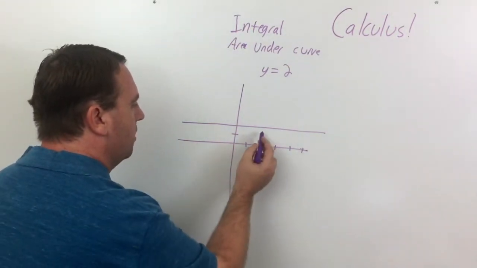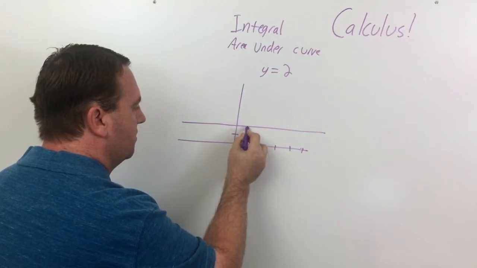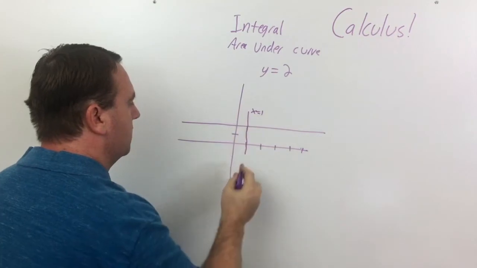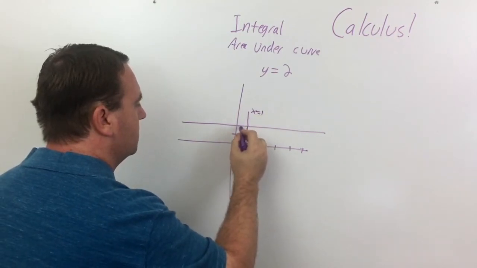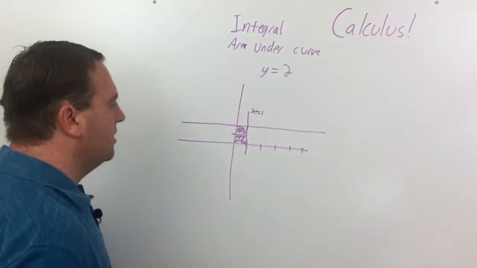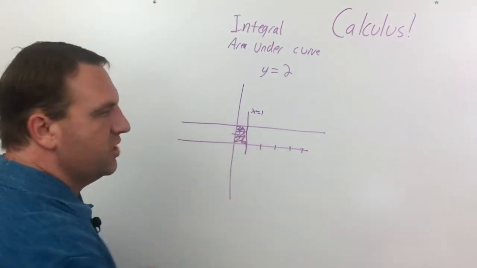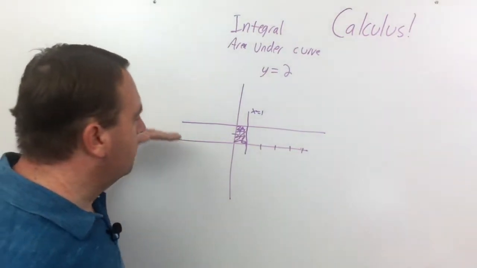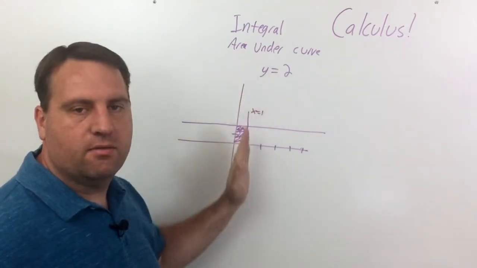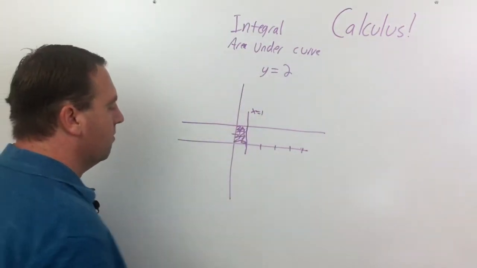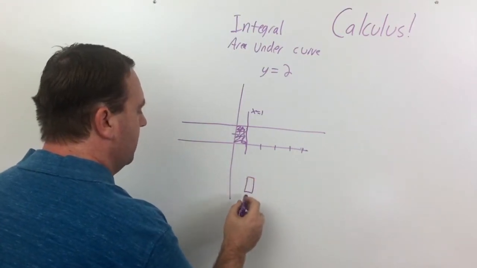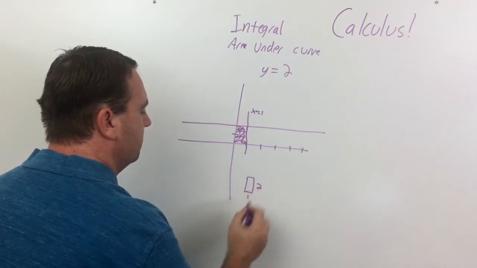If I were to draw a straight vertical line at x equals 1, I've now enclosed a part of our graph. So let's say, what is the area of the shaded region? Well, y equals 2 is a straight line across. X equals 1 is a straight line up and down. Okay, so what does this form? Well, this forms a rectangle with a width of 1 and a height of 2.